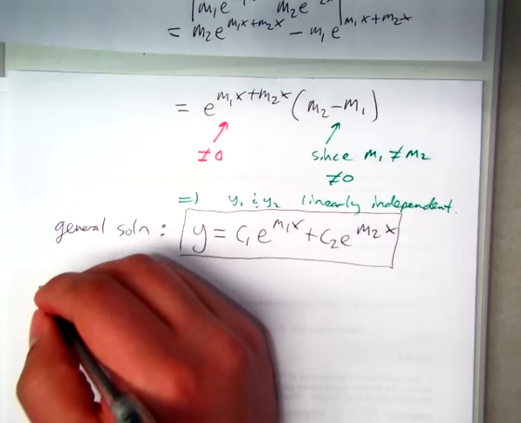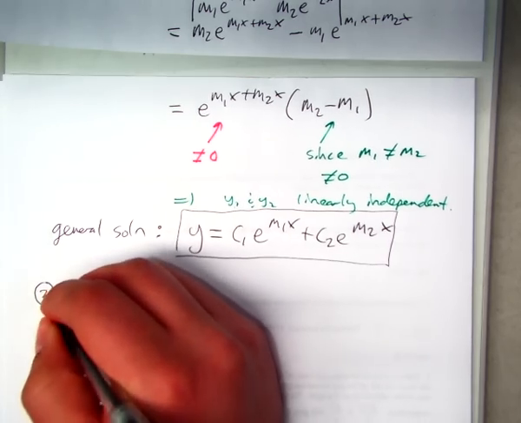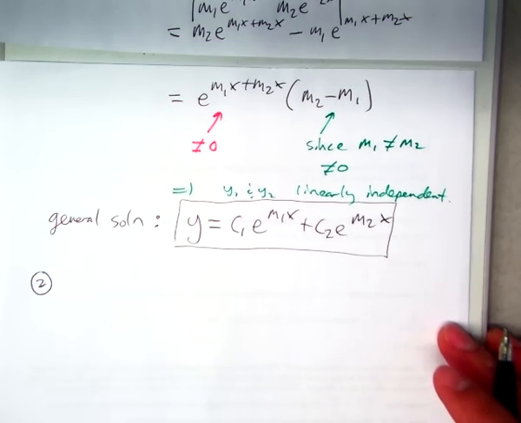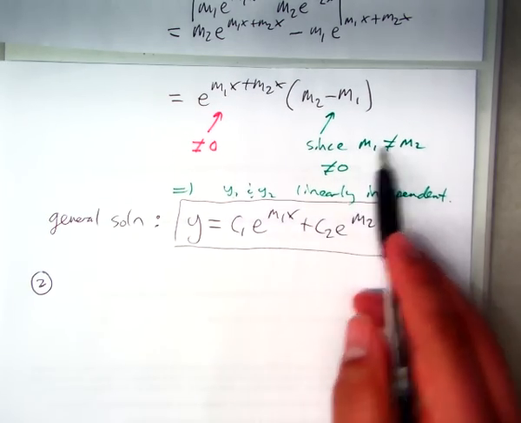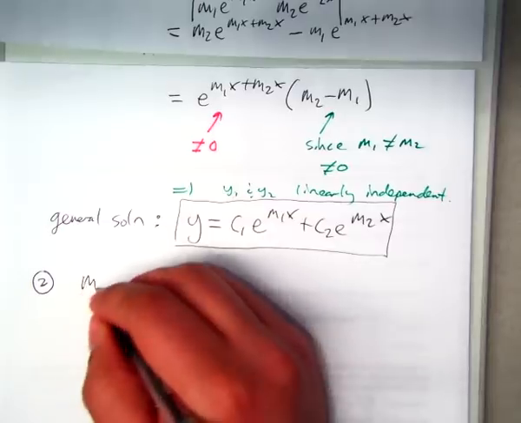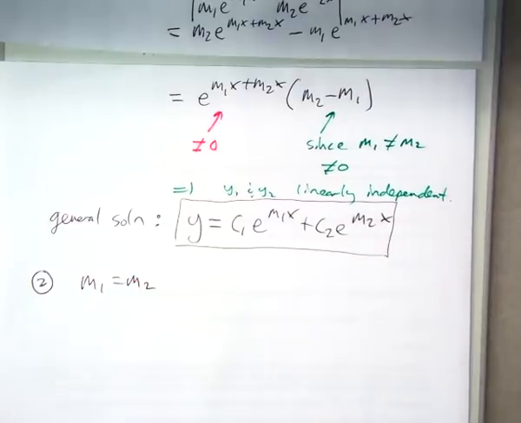Second case. Let's do the easier of the last two. Let's work with this assumption that m1 equals m2. This would be the case where the quadratic is a perfect square, right? The discriminant is 0. We don't get 2 roots, we just get 1.